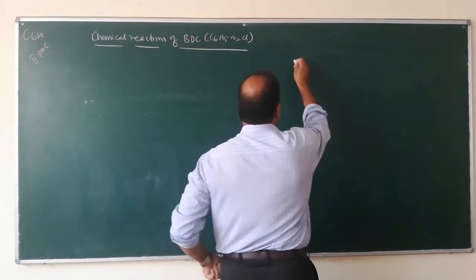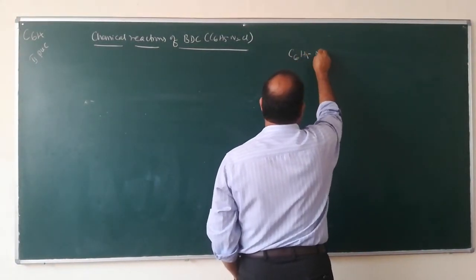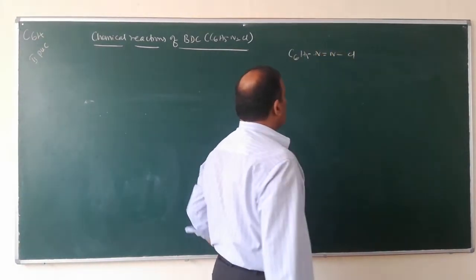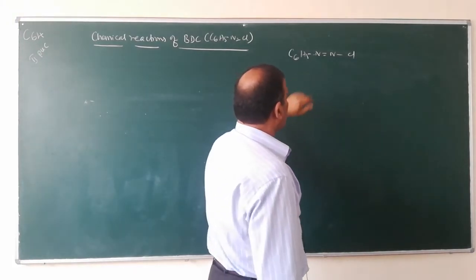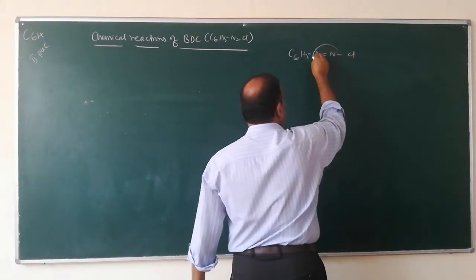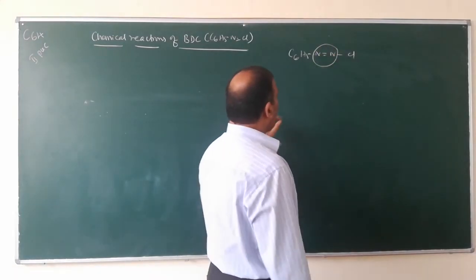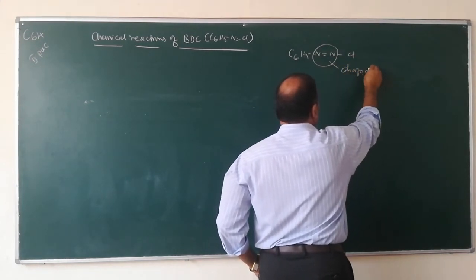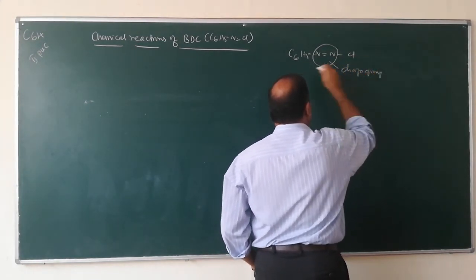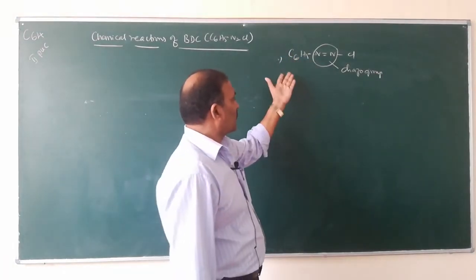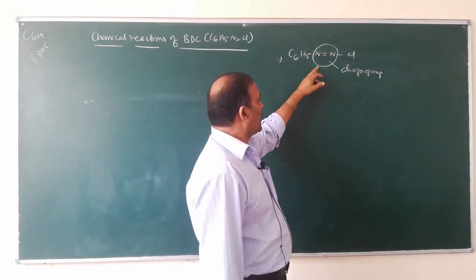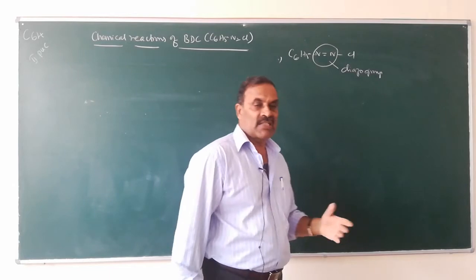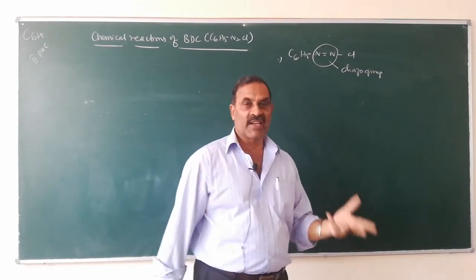This is the structure of benzene diazonium chloride, C6H5N≡NCl. The first type is reactions which involve the displacement of diazo group. This is the diazo group. In some reactions the diazo group is displaced, and in some reactions the diazo group is retained.